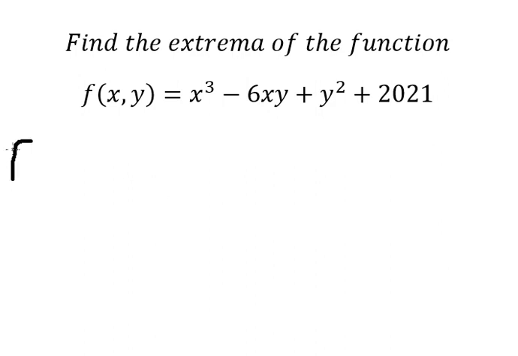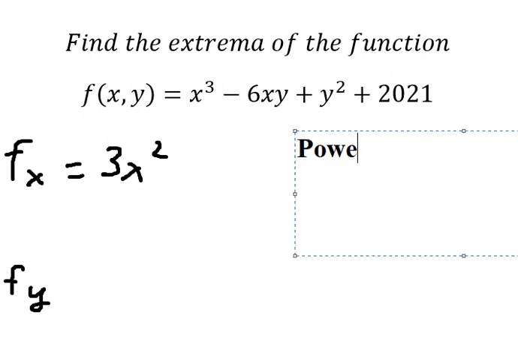We need to do first the derivative of f with respect to x and first the derivative of f with respect to y. This one we have 3x squared. So I just applied the power rule of the derivative.